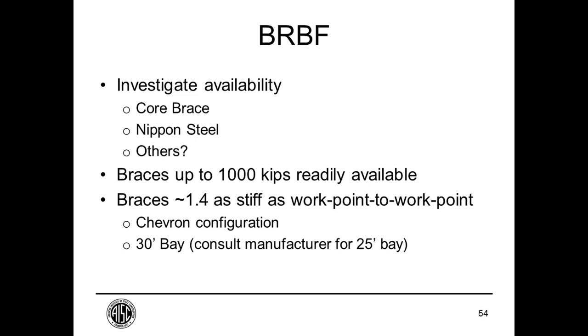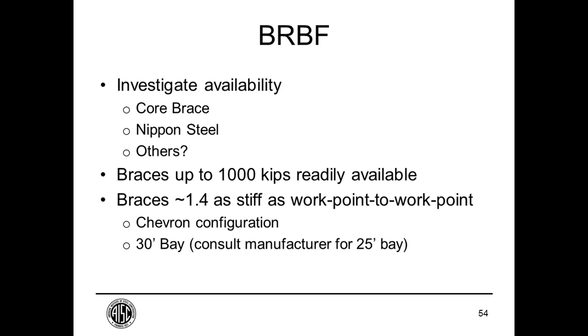When we size these braces, we determine a required area. Let's say the required area is 5 square inches. If you have an analysis model, either by hand or a computer model, and you have a 5 square inch element going from work point to work point, that has a certain stiffness associated with it, AE over L. Now, the actual brace that you're going to put in there is 5 square inches over a certain length of it, but outside of that length, the effective area of the brace is much larger.